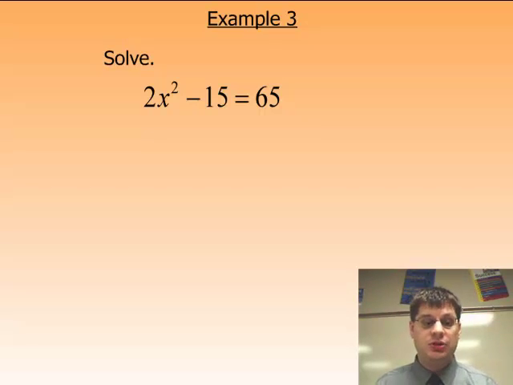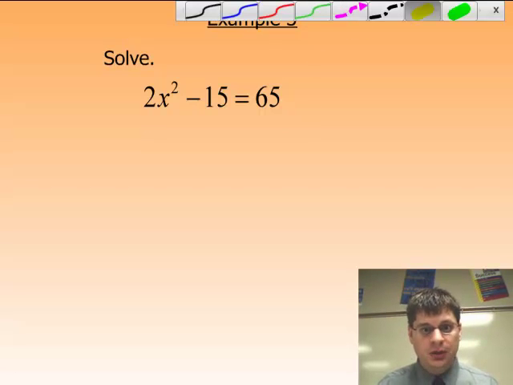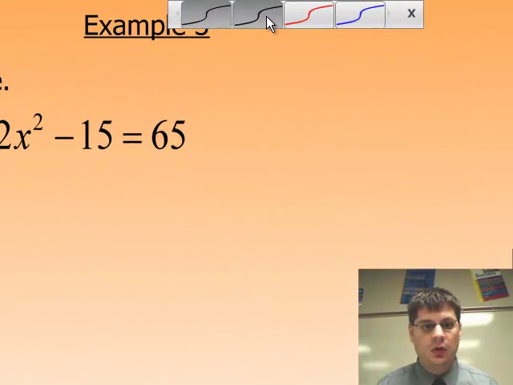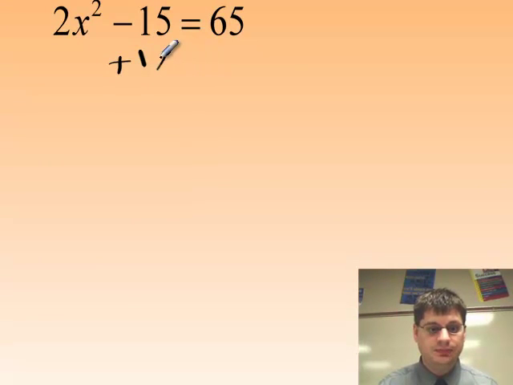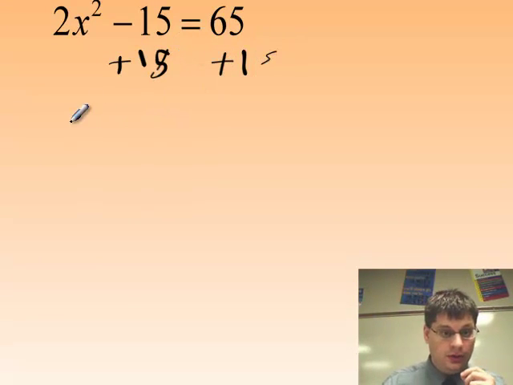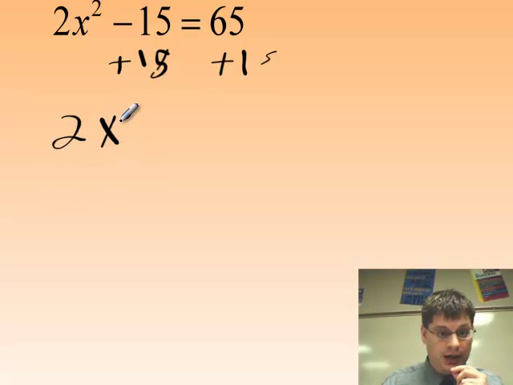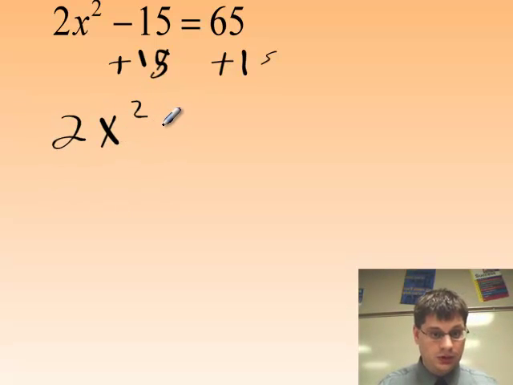To do it this way, though, we want to isolate the x squared. We want to get the x squared on one side first. So let's see. We would add 15 to both sides, like so. So I'm left with 2x squared equals 80.